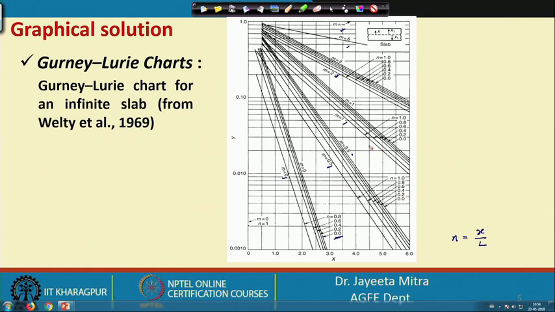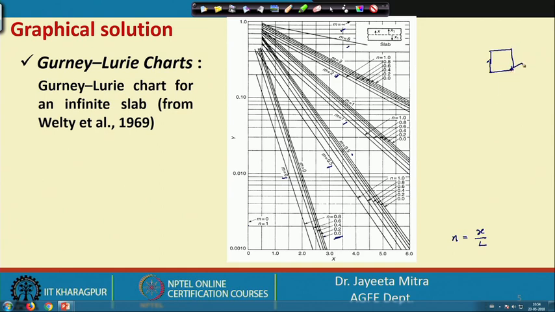So, this is happening for all the different ratios of 1 by Biot number. From this chart we can take the value of the parameter y. Let us say we want to analyze a particular block having a known geometry.